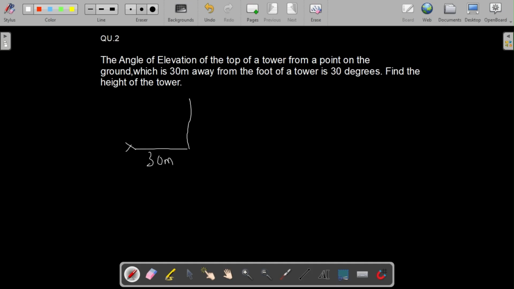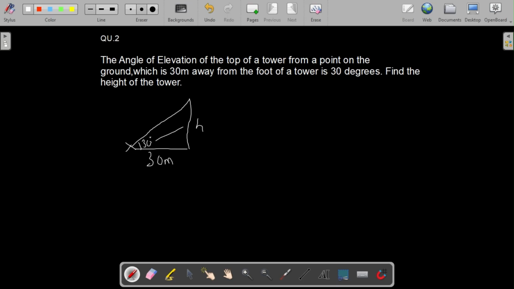The point is 30 meters away from the foot of the tower, and the angle is 30 degrees. The question is, find the height of the tower. This is another straightforward question.